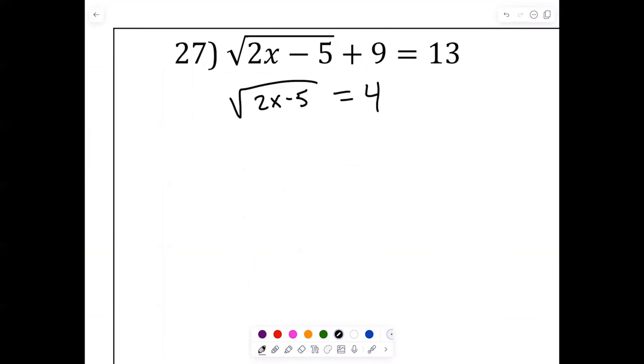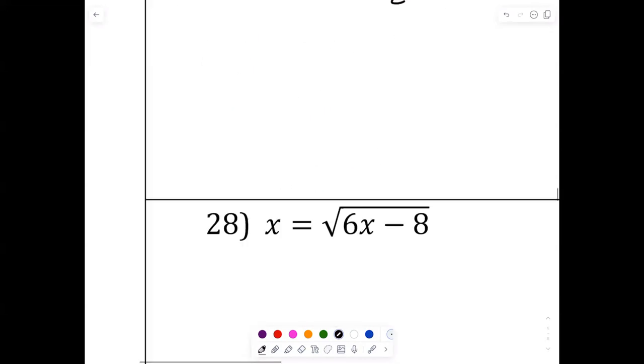Now what? Square. 2x minus 5 equals 2x equals, so x equals, yeah, that's how good you should be. Just working backwards. That's not that bad. Anybody have any issue with that? All right, here we go.